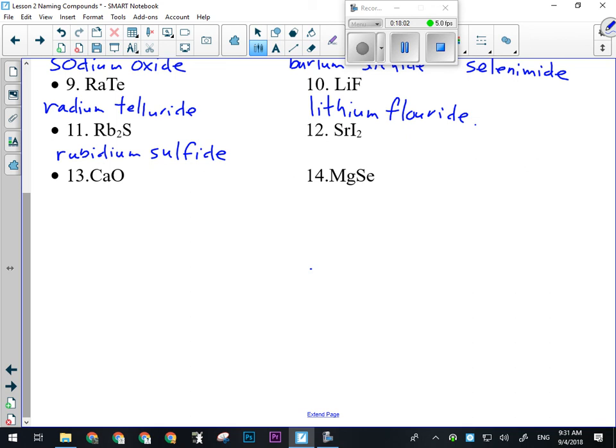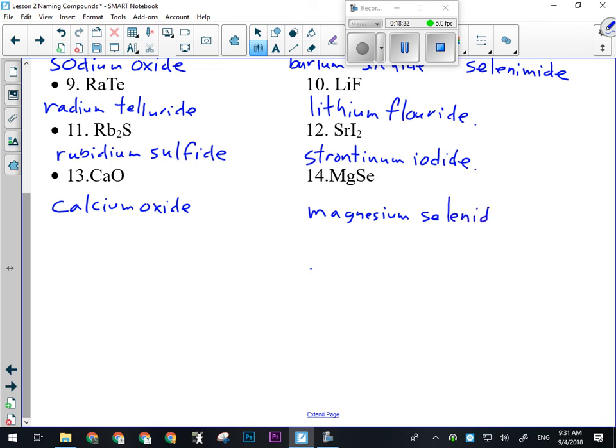Okay, number 12, Sr is strontium iodide. Okay, and this is calcium oxide, right? Okay, and then for number 14, magnesium selenide or selenamide. I never say it's selenamide either, but it is technically correct.